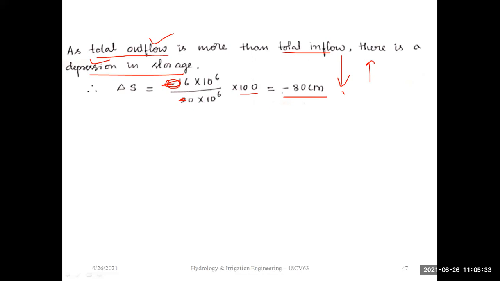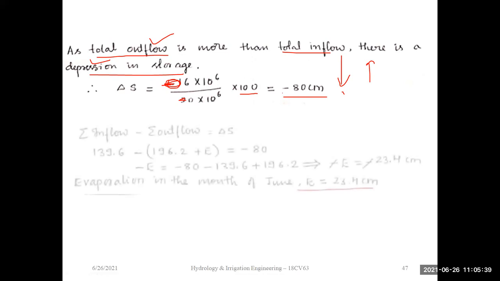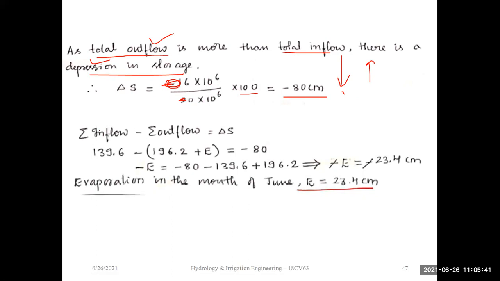Now we have converted change in storage, outflow, inflow, everything in centimeter, that is in terms of depth. Let us apply the water budget equation: summation of inflow minus outflow is equal to change in storage. Inflow is 139.6, minus outflow 196.2 plus E, and change in storage is minus 80.